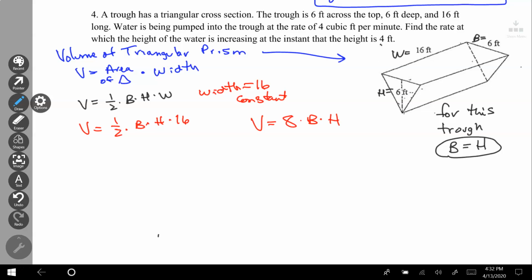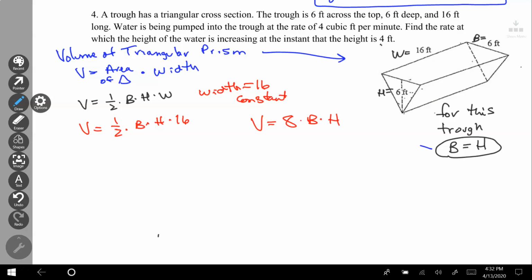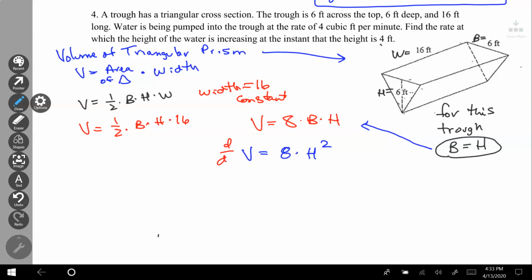But we also have the idea that the base and the height are always the same, no matter what level you're at. If you're at a height of 2 feet, the base is 2 feet, and so on and so forth. Okay, so I can rewrite it as volume is equal to 8 times h squared, and now I can take its derivative. You get v prime is equal to 16h times h prime. And what do I know for this problem?